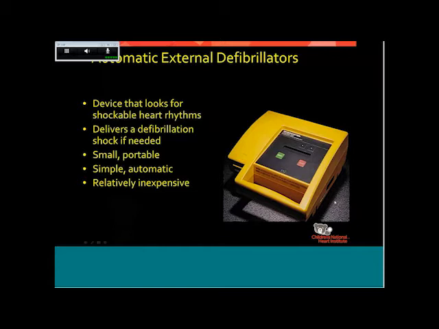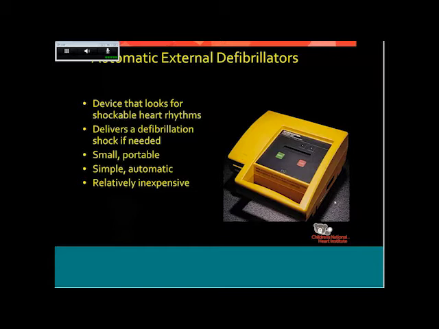Speaking of AEDs, these are now all over the place. They're automatic, and they monitor and look for a shockable heart rhythm and deliver a defibrillation shock if needed. They're getting smaller and smaller. They're simple and automatic.